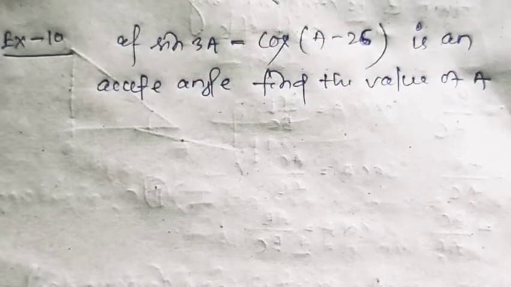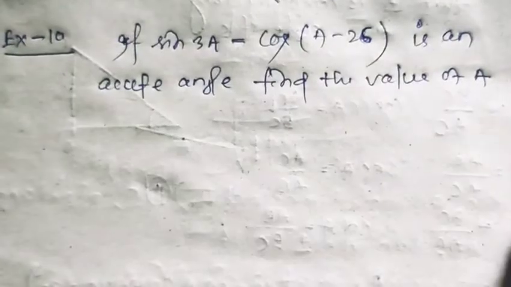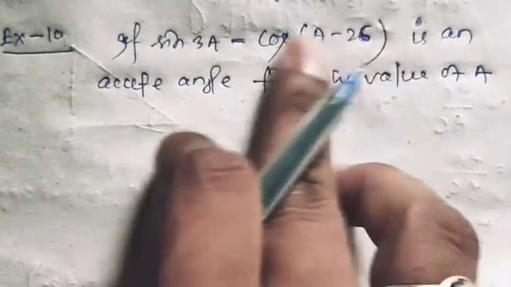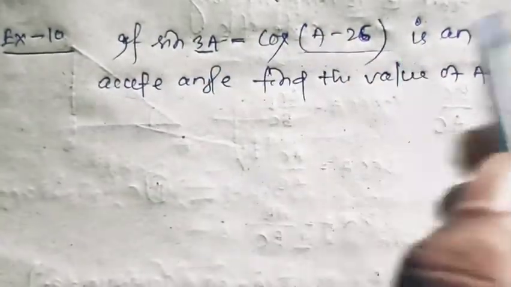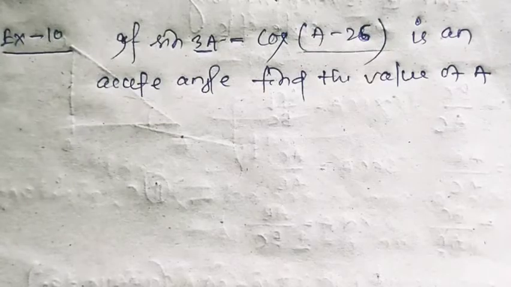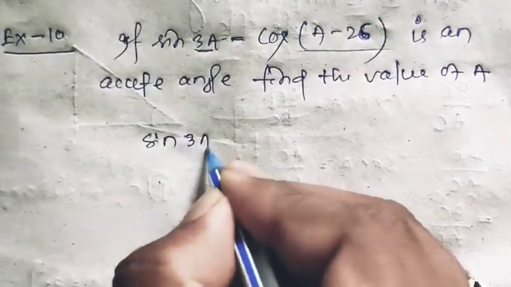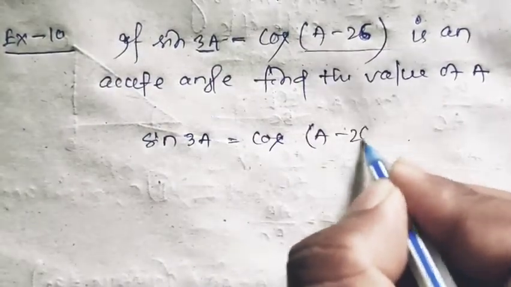So in example number 10, it is given that sin 3A is equal to cos(A minus 26), where 3A and A minus 26 are acute angles. So this thing is acute and this thing is also acute. Find the value of A. What is given? Sin 3A is equal to cos(A minus 26).